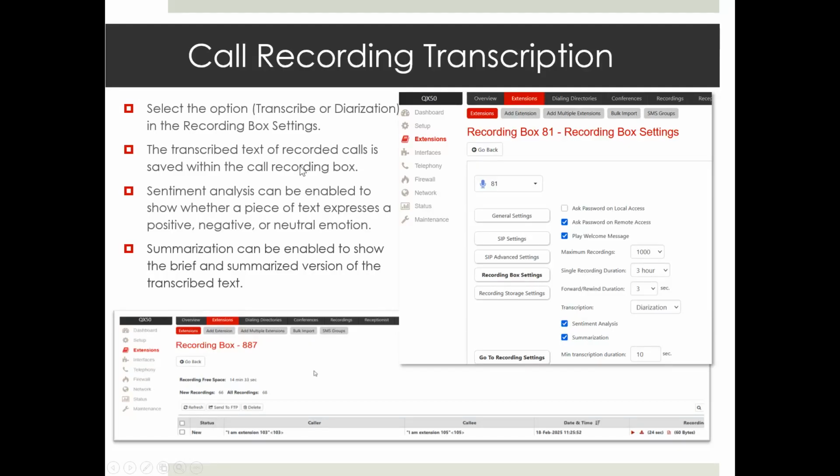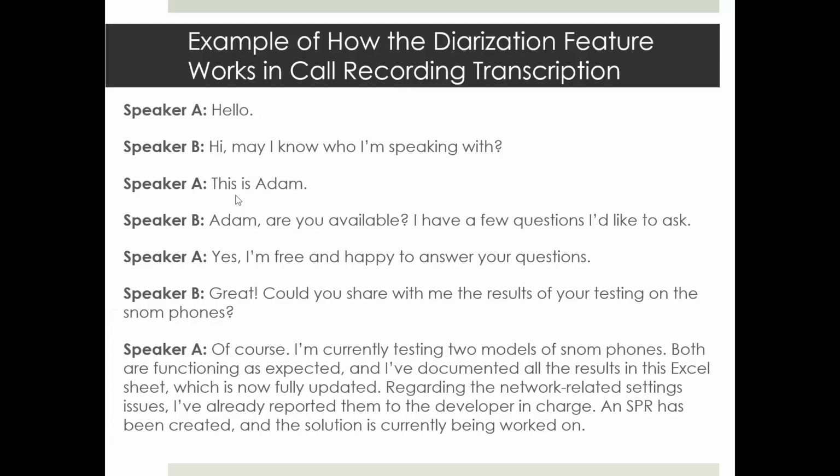For call recording, you can choose to just transcribe the text, or you can add the diarization, which does the labeling for you. It can transcribe the recorded calls and save those to the recording box on the system, or you can have it sent to a server. You can also add the sentiment analysis along with the summary at the bottom of the transcription.